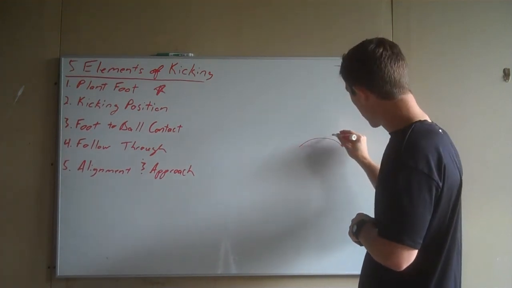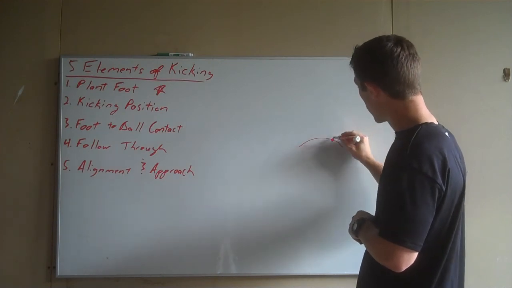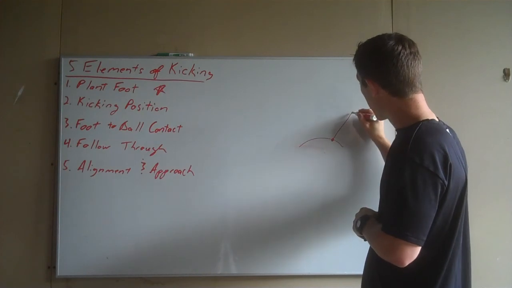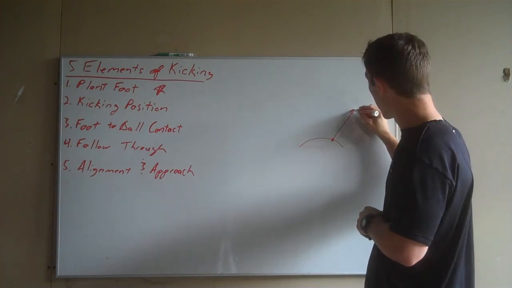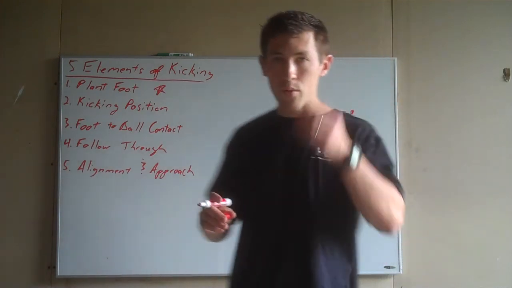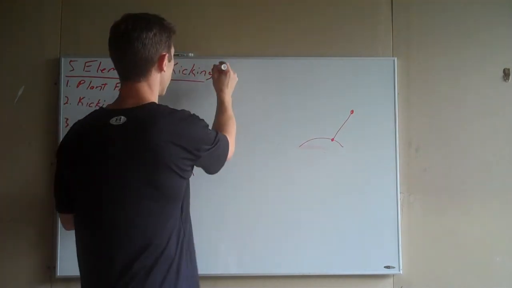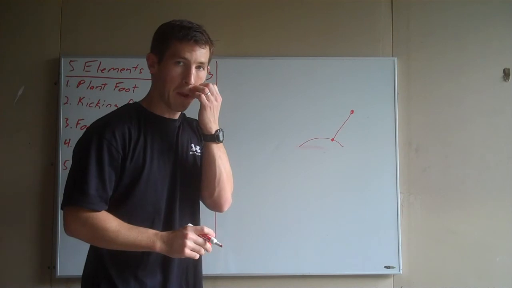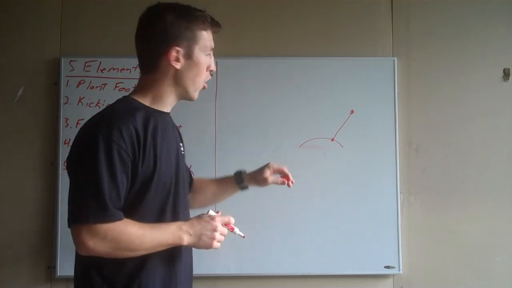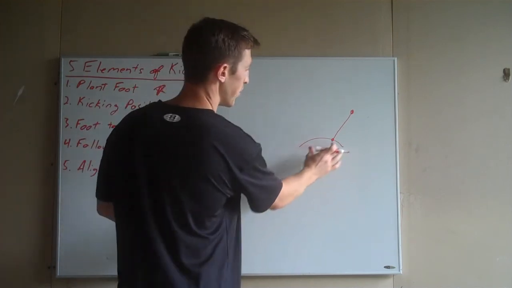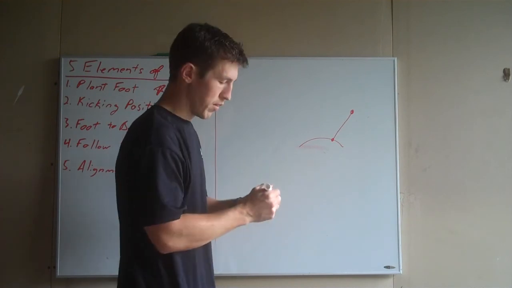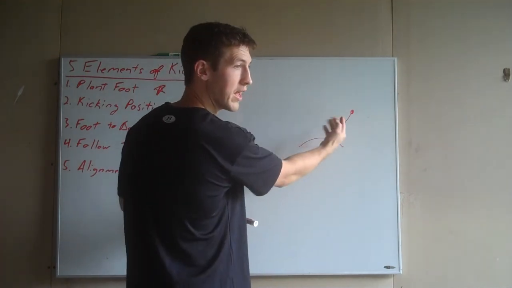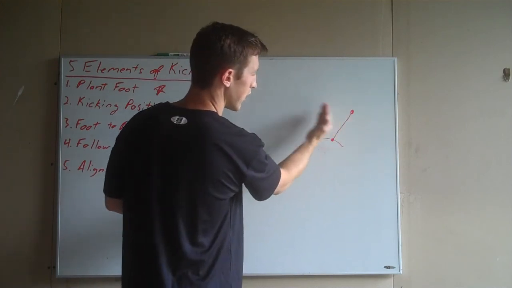So in this drawing, that's my foot, that's my ankle, that's my lower leg, and that's my knee. That's how we come into the kick. The whole point of the plant foot is to be somewhat of a stable platform, just so we don't fall down, so that the lower leg and therefore the body on top of it can translate forward.